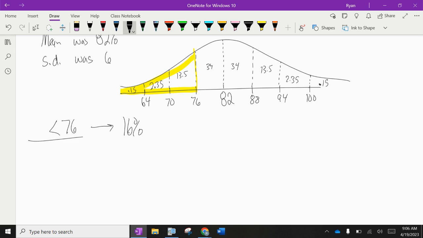Question. What percent of the people scored above a 70? Can you use that graph?